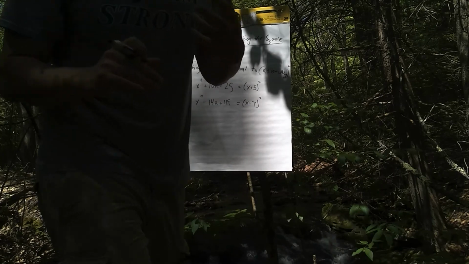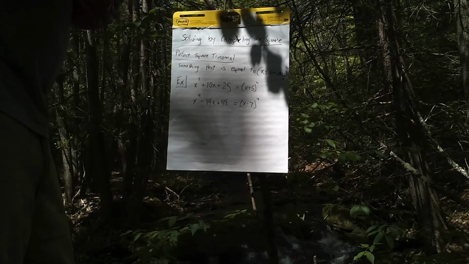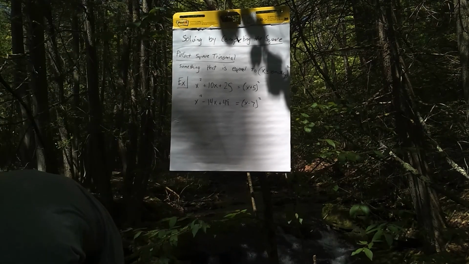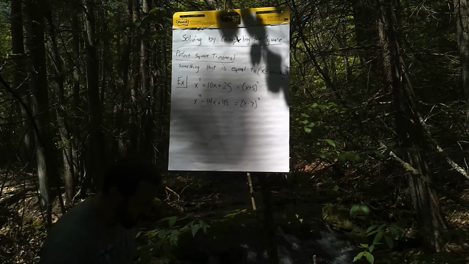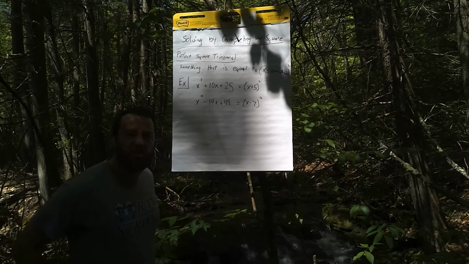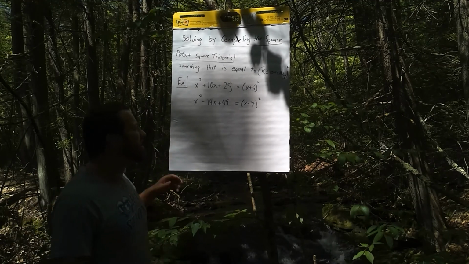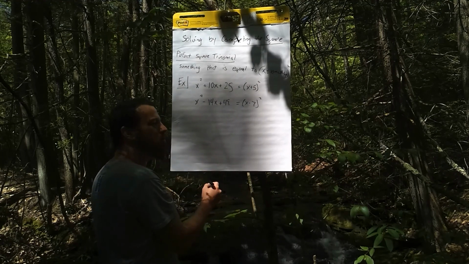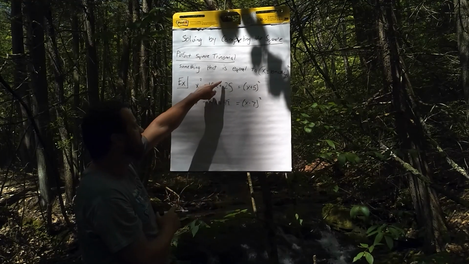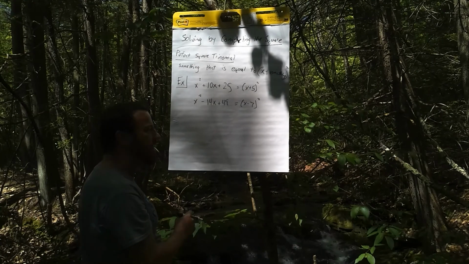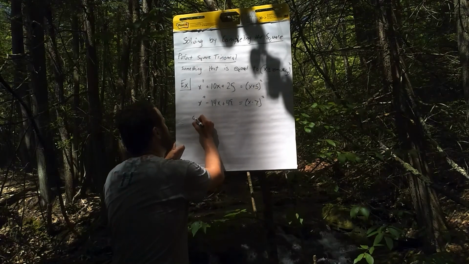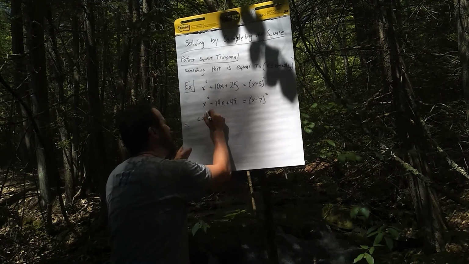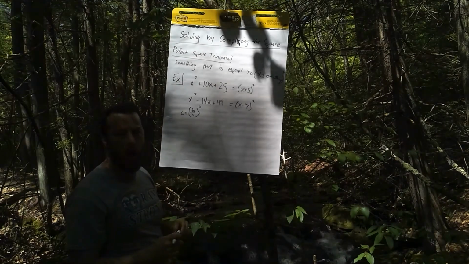Now, one of the most powerful things we're going to talk about is how to turn a trinomial into a perfect square trinomial. And what we're going to need to notice, and you can notice it in both the examples, is that c is equal to half of b squared.